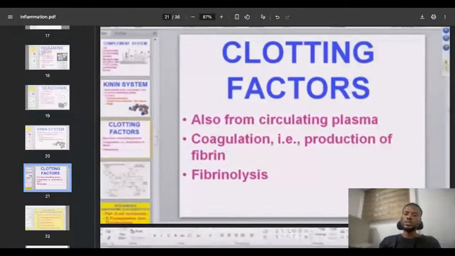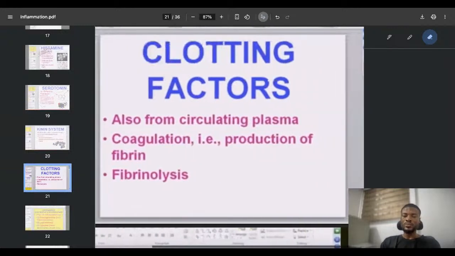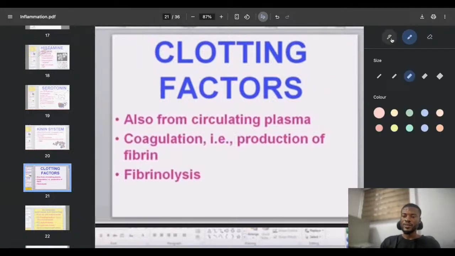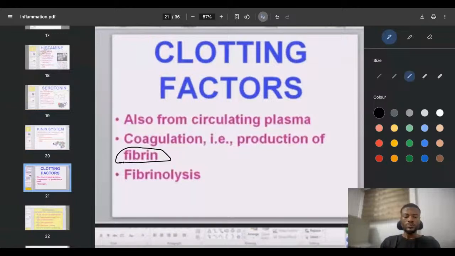Okay, so these clotting factors are major and important chemical mediators, which cause the production of what? Fibrin. Okay, fibrin is a very important protein that creates that meshy thing.